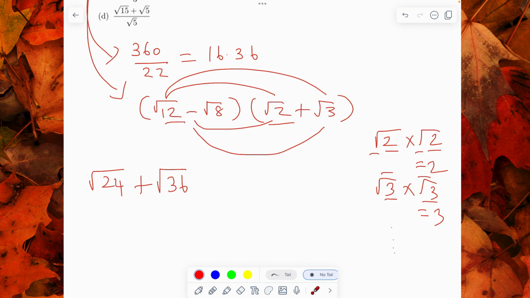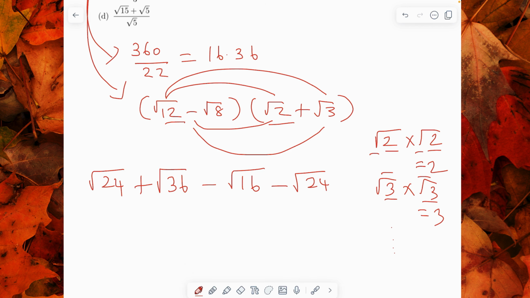And similarly minus root 8 into plus root 2 is minus root 16, and minus root 8 into plus root 3 is root 24. Here minus will be coming, so minus into plus is minus, therefore minus root 24.